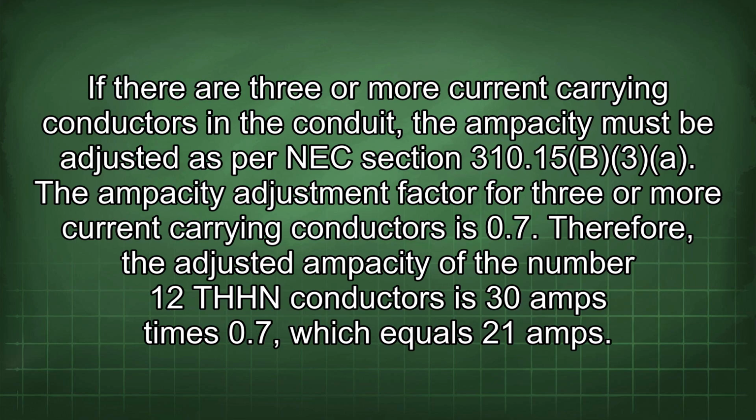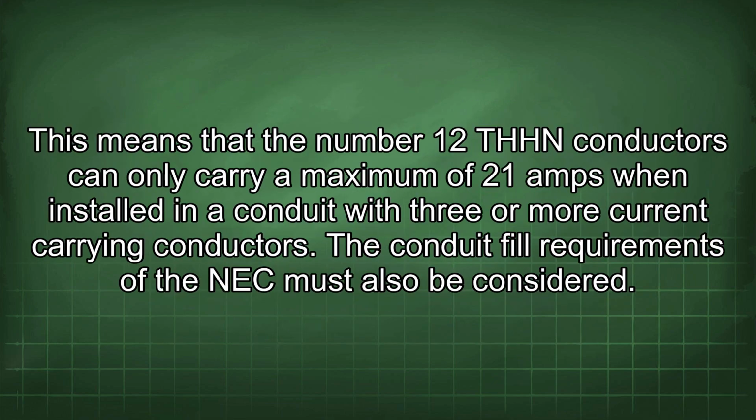The ampacity adjustment factor for 3 or more current-carrying conductors is 0.7. Therefore, the adjusted ampacity of the number 12 THHN conductors is 30 amps times 0.7, which equals 21 amps. This means that the number 12 THHN conductors can only carry a maximum of 21 amps when installed in a conduit with 3 or more current-carrying conductors.